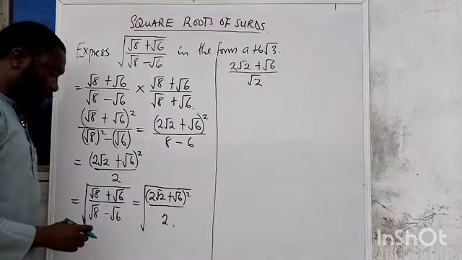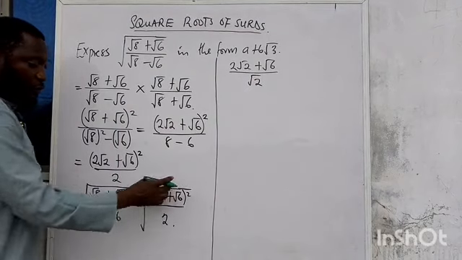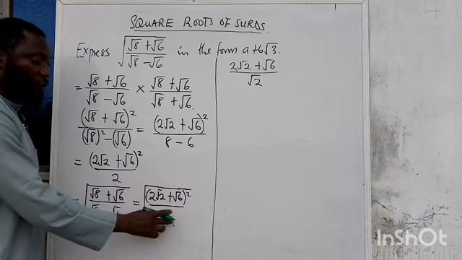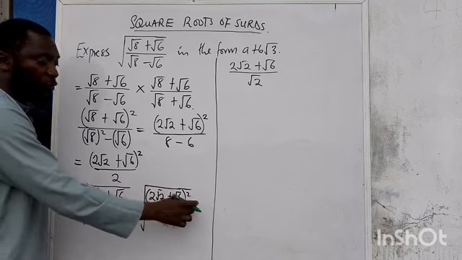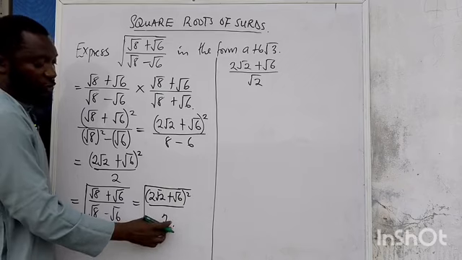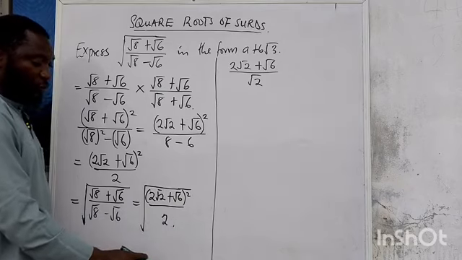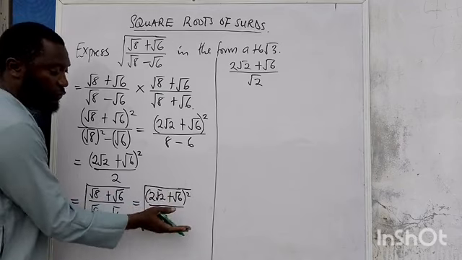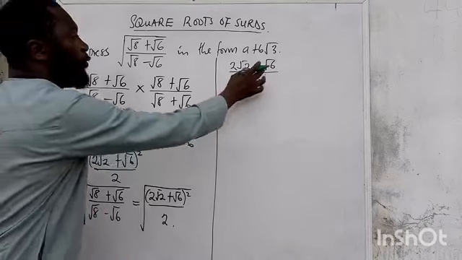From the rules of indices, the root affects the numerator and denominator. The square of the numerator removes the square root, but the denominator stays as square root of 2. You separate the square root: square root of numerator divided by square root of denominator. That is how we have this.